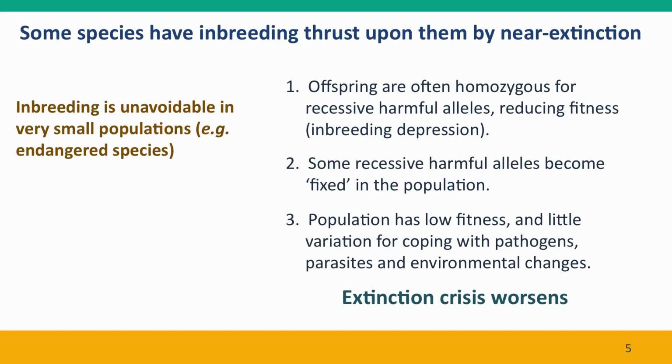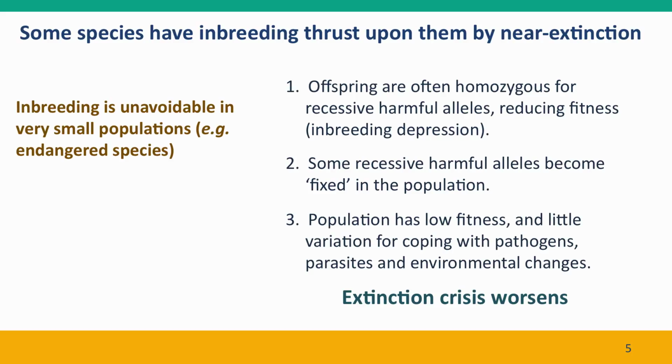However, these mechanisms fail when species become critically endangered and their population sizes become very small. And the result is that there is inbreeding and there is inbreeding depression. The fitness of these individuals in these populations can be very low. It's not just that some individuals are homozygous for harmful mutations.